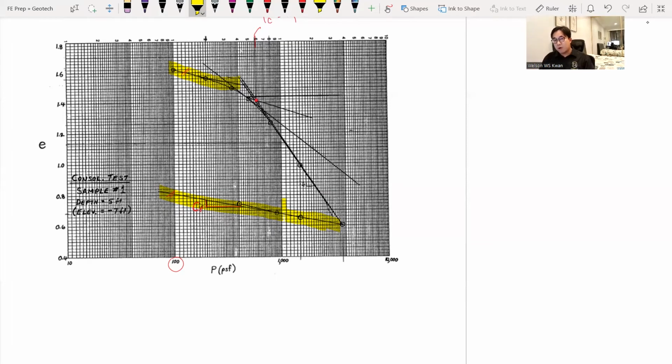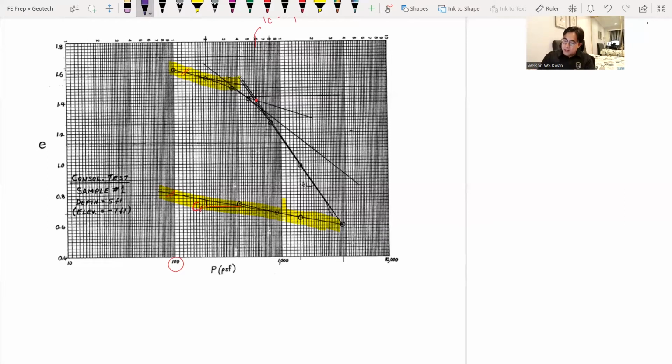So when we have the chance to use the lower portion, the rebound part of the consolidation curve, we always prefer the later one, the rebound one after the maximum past pressure.